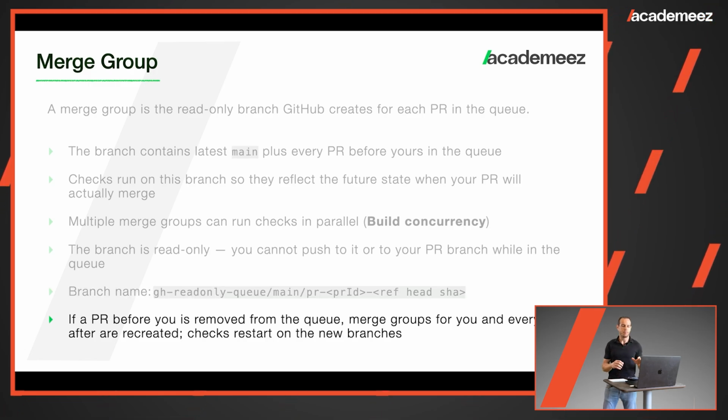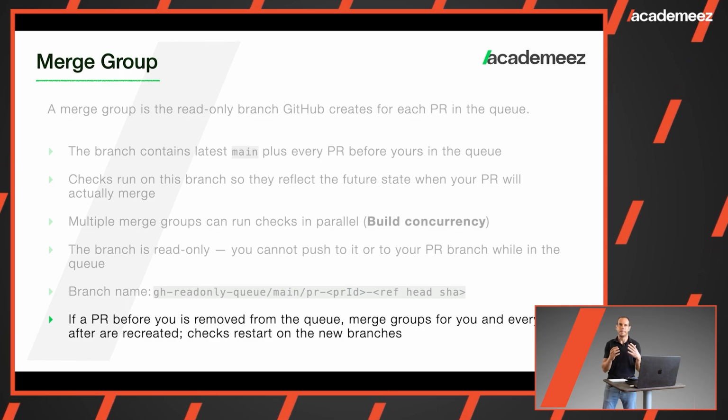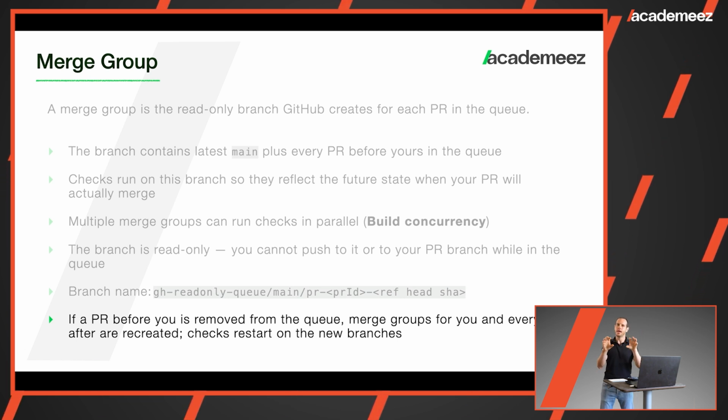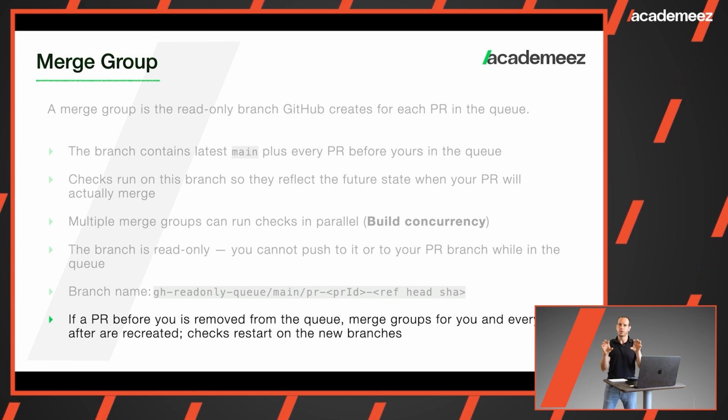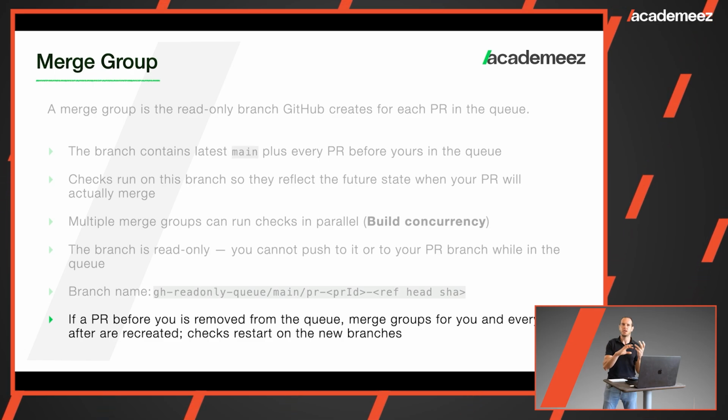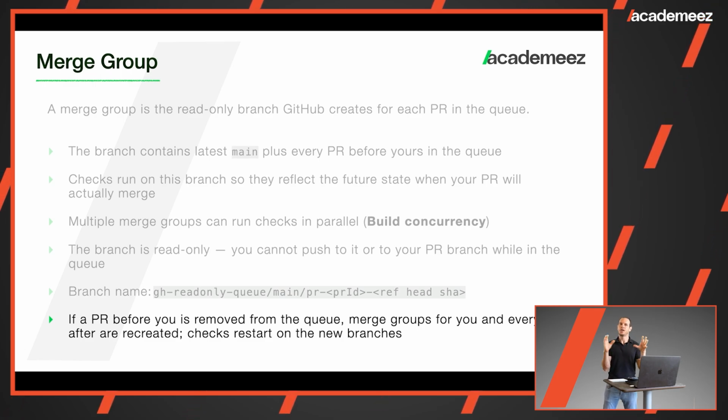Now this is something that we need to remember. If GitHub is creating a merge group branch containing a PR ahead of me, and that PR is removed, maybe manually, maybe because it's failing the checks, this should change my merge group.